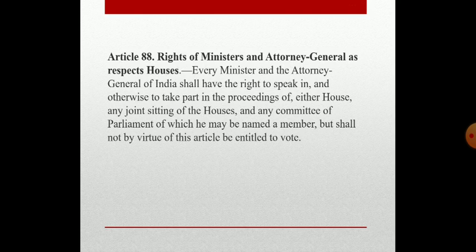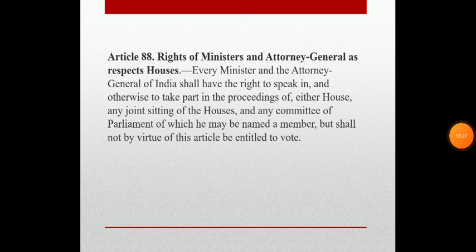So the ministers as well as the Attorney General of India have the right to speak in and to take part in the proceedings of either Houses of Parliament or any joint sitting of the Houses or any committee of the Parliament in which they are named as a member. Clear?